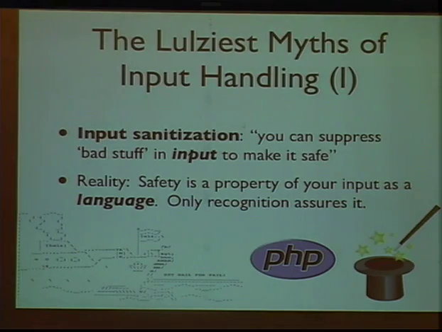Because people are trying to suppress bad stuff based on some kind of ideas of bad stuff. Oh, we'll throw in an extra magic quote. Wonderful. Now you've created a vulnerability where none existed before. The point is that it's not about sanitization, it's about recognition.